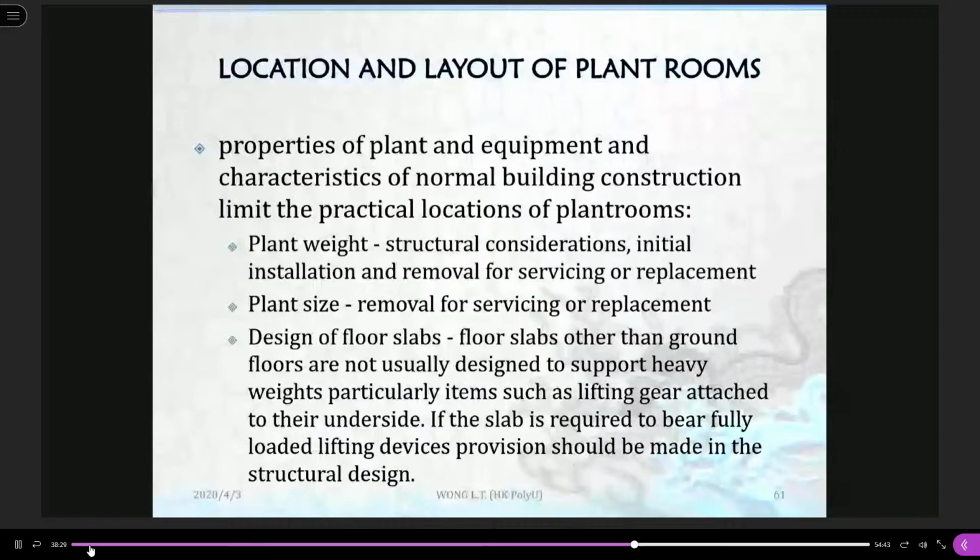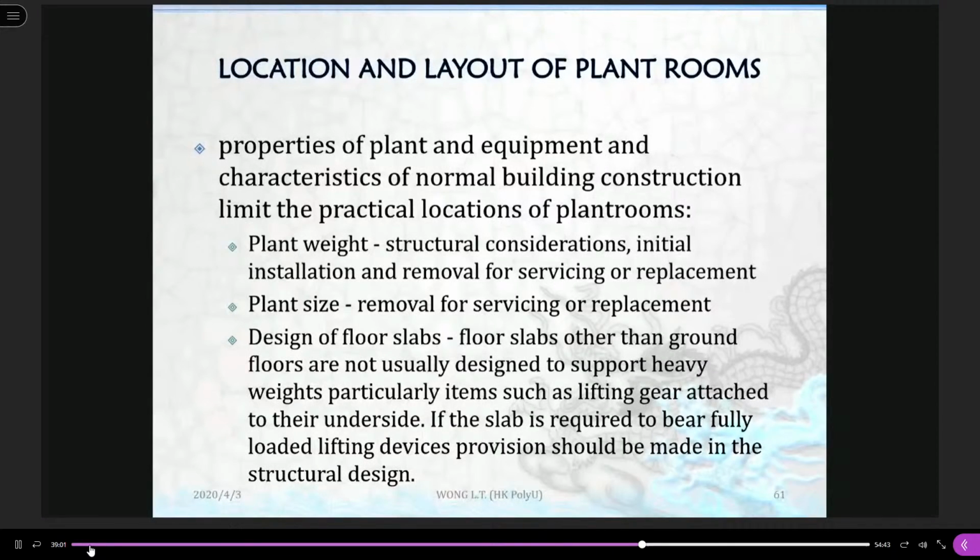Now, the location and layout of the plant rooms. The properties of plant equipment and the characteristics of normal building construction limit the practical location of plant rooms, and these are quite related to building technology. I think you should have some subjects on building technology and overall building planning. The properties of plant also affect the building construction.